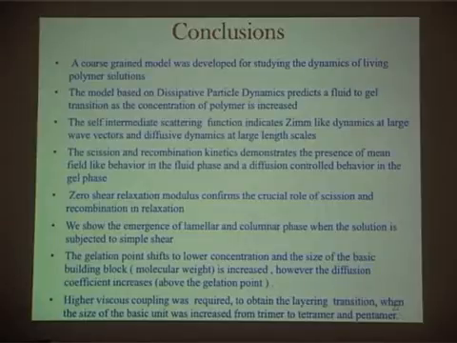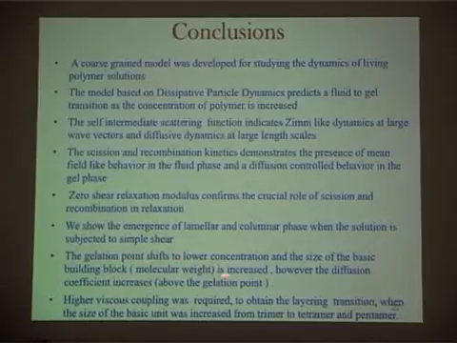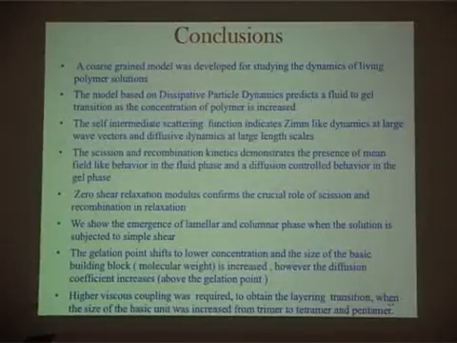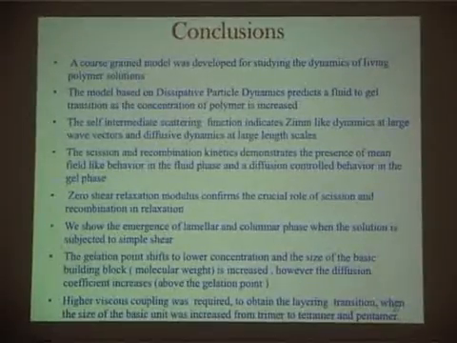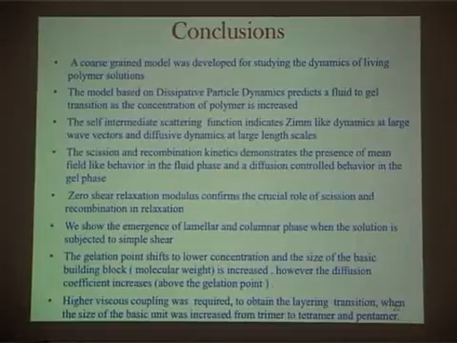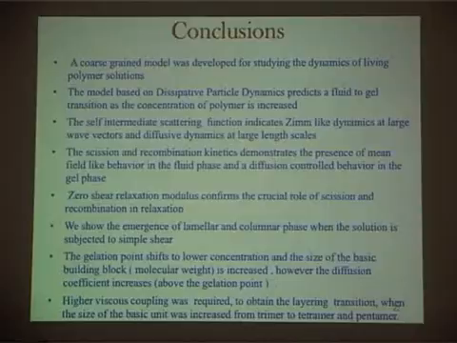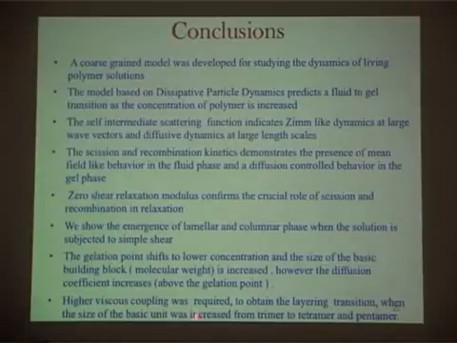As the molecular weight is increased, we see that gelation happens earlier, but the diffusion coefficient seems to go up for a pentamer compared to a trimer at high values of the concentration. When the building blocks are larger, you need a larger viscous coupling to make these layers. That's the conclusion.